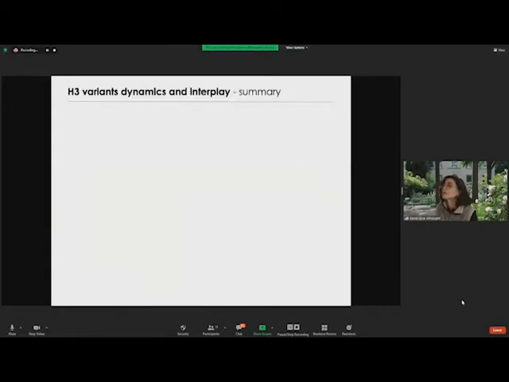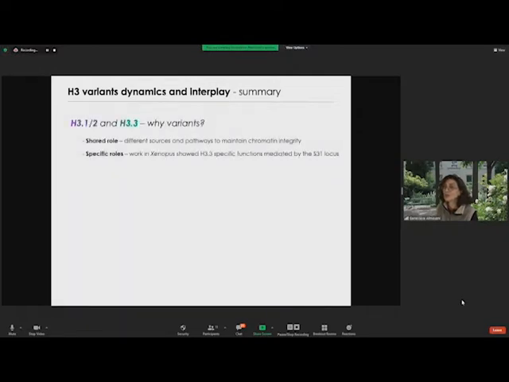And I would like to finalize now, just to summarize, why these distinct variants, replicative and replacement. So there can be shared roles, different sources and pathways to maintain genome integrity, but also specific roles.